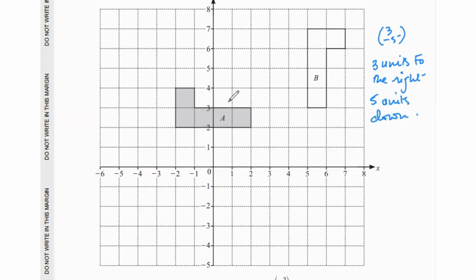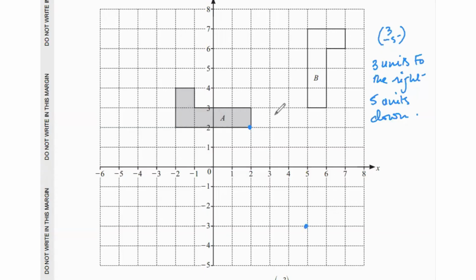So for point 2, 3 units to the right and 5 units down is going to be 5. So the point 3 units to the right and 5 units down is going to give us 5, -3.